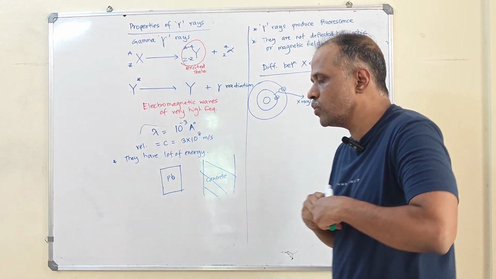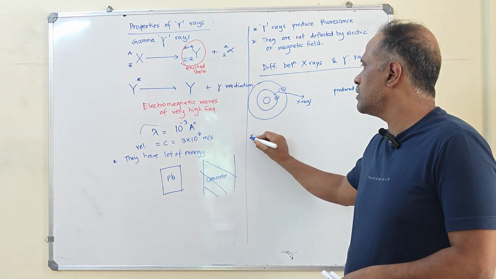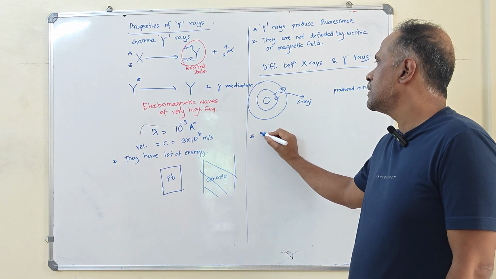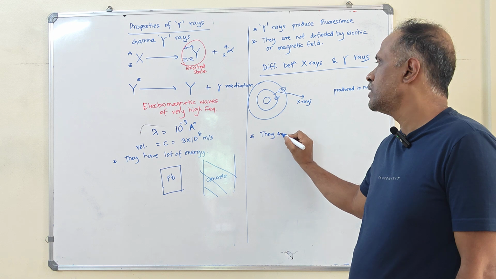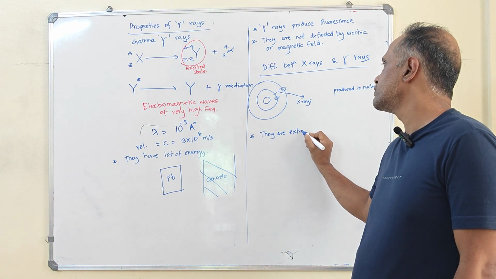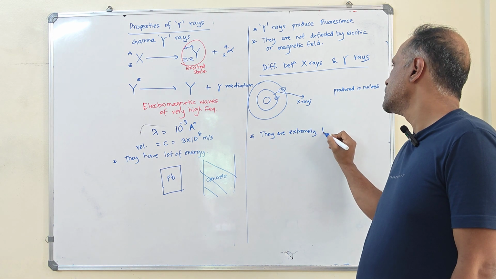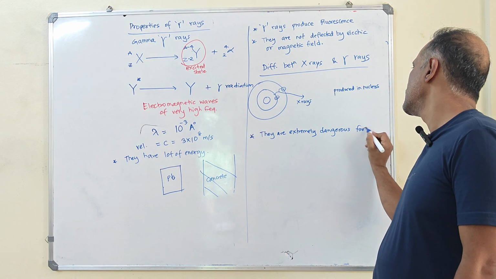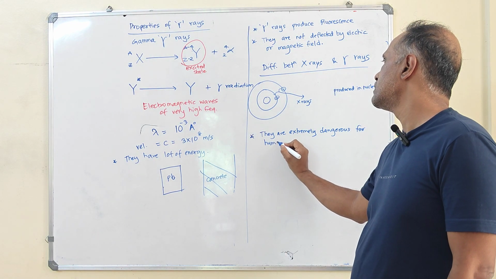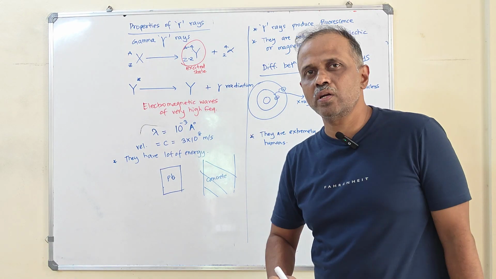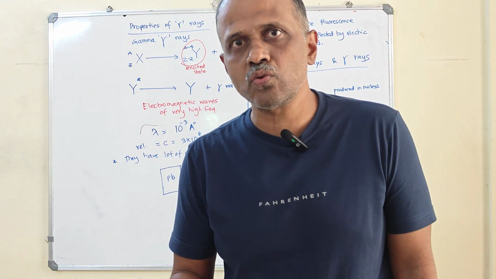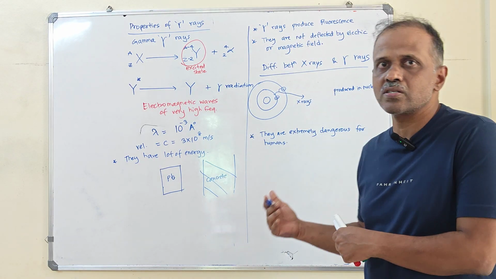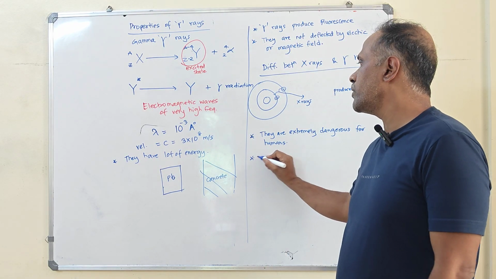The most important or damaging part is that they are extremely dangerous for humans. They can damage tissue and a whole lot of things. But actually we utilize this damaging effect of gamma radiation for the treatment of cancer.